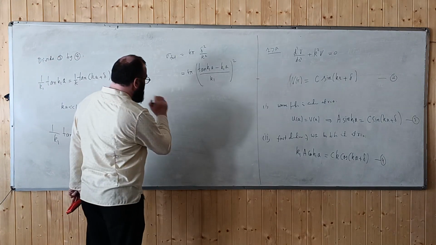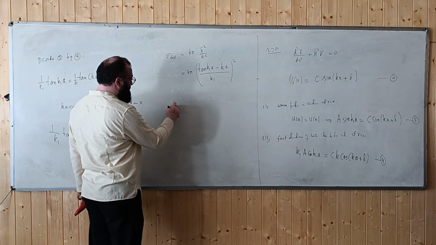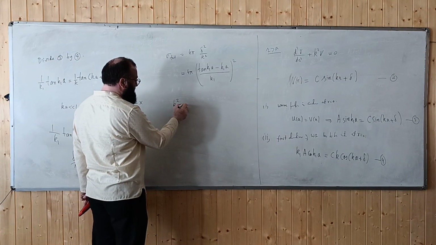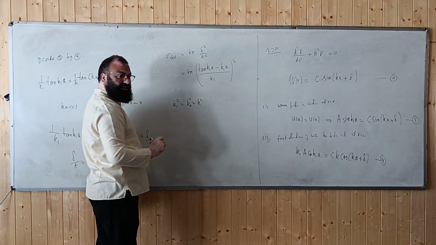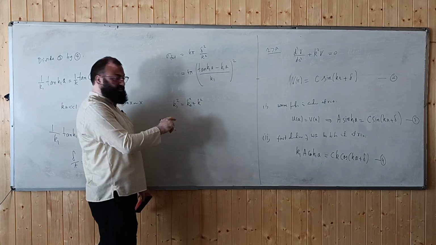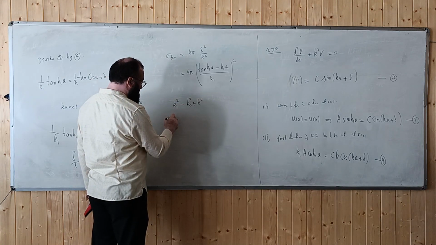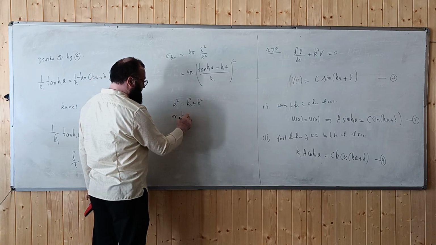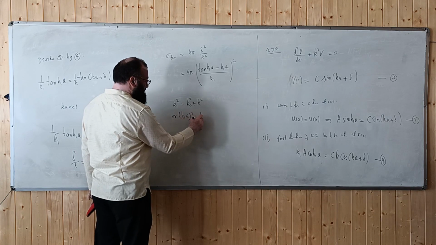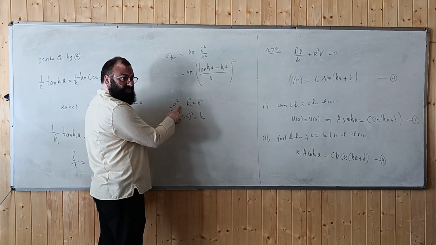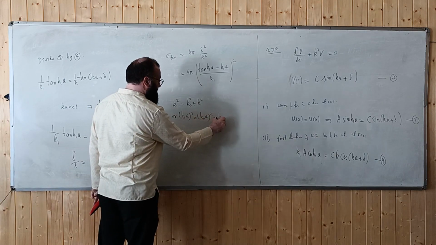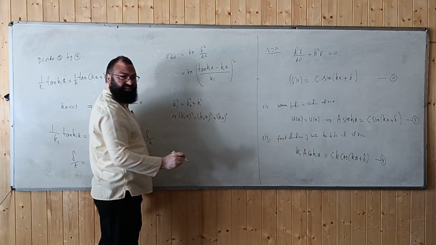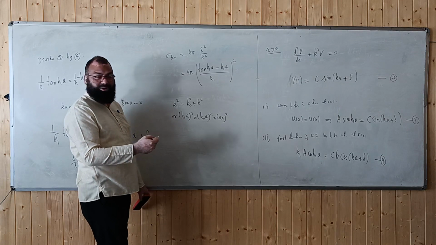Now if you see this, K1 square is equal to K0 square plus K square. Clear? So what does it mean? K1A whole square is equal to, I am just multiplying by A square, K0A whole square plus KA whole square. Got it? Just multiplying A square throughout.